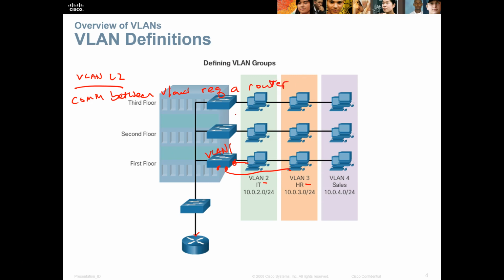Okay, so in that way, if you require a router, that means each VLAN is a separate broadcast domain. And it's a separate subnet. And the router routes between those subnets.